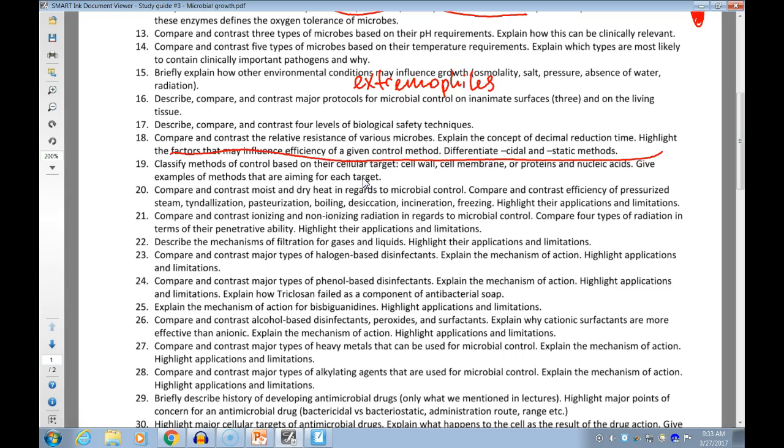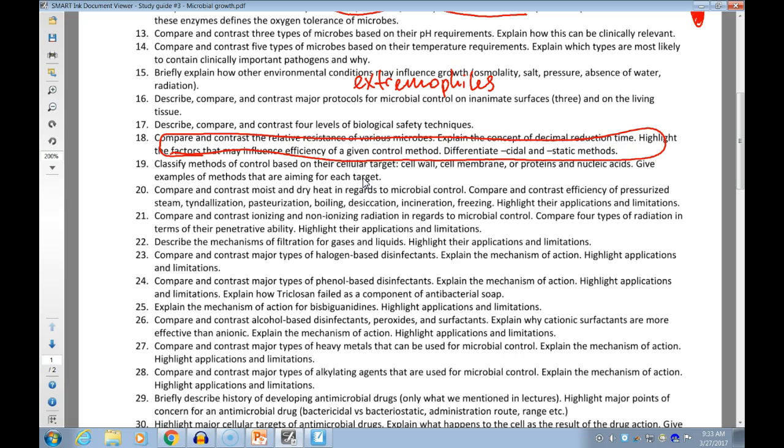Resistance of the microbes. These are things that you can really find on the exam. I will definitely ask you to compare the resistance. It can be: pick the most resistant one, pick the least resistant one, or pick the sequence. So if I tell you that in my sequence enveloped viruses are most resistant and endospores are least resistant, that is wrong, okay?